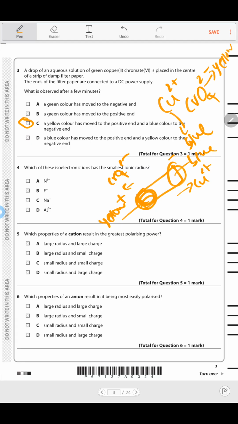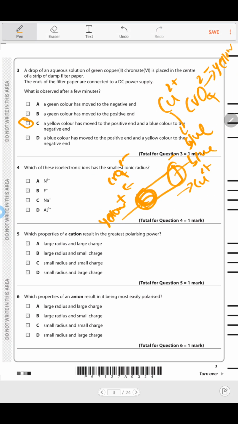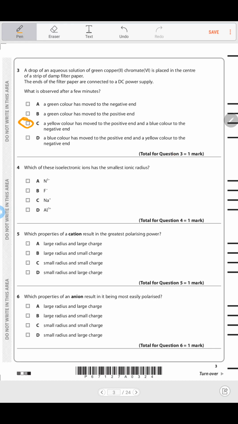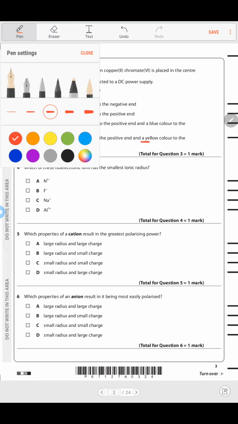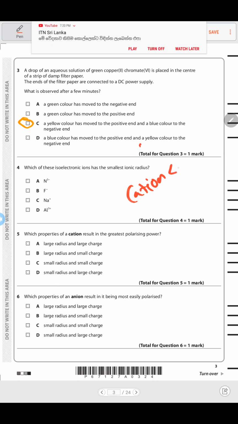Right, let me erase this all. The next question is about the ionic radius. You all know in a particular period, cations are smaller than the anions.